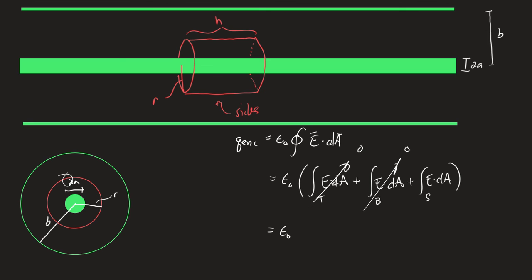Let me get all this out of the way. There we go. So my goal is to say this is E, and sum up the area of the sides of my cylinder. On the left side, enclosed charge, I'm going to have to put something here. I know that the charge density is the total charge over the total length. All right, that's got to be the charge density for the whole thing. I can use a linear charge density, even though it's a solid piece of core wire.